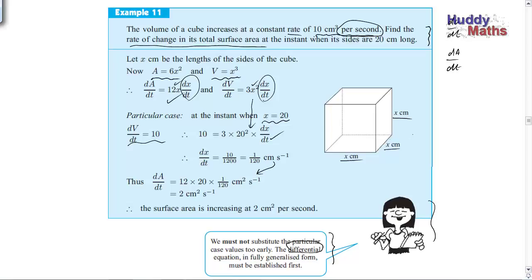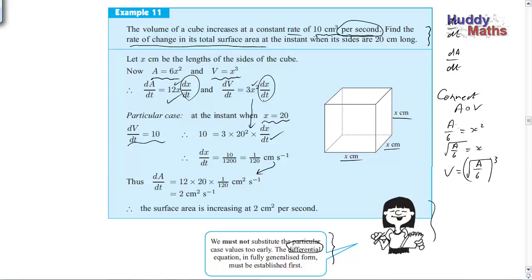Okay, get the idea here, because we could connect A and V. So the general method is connect the two quantities that you're going to want to use. But if you did that, A is 6x squared, so A over 6 equals x squared. Root A over 6 is x, therefore V is root A over 6 cubed.